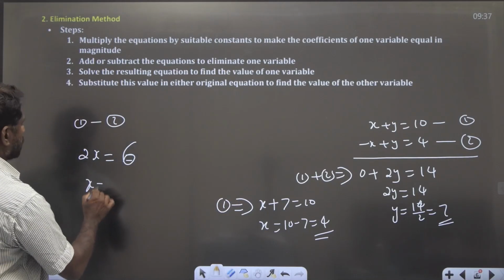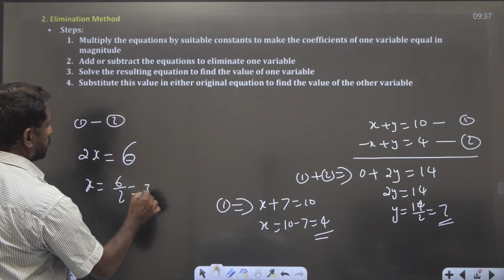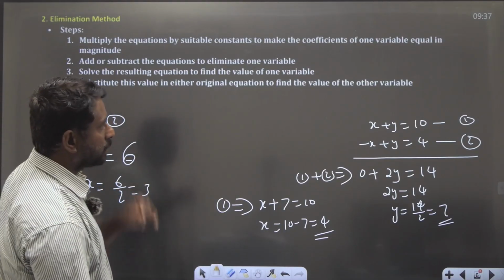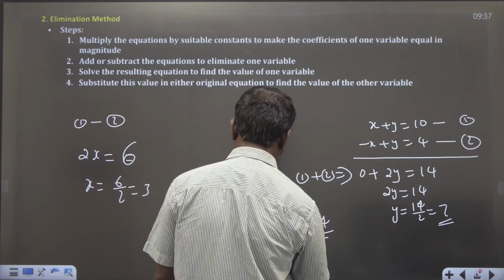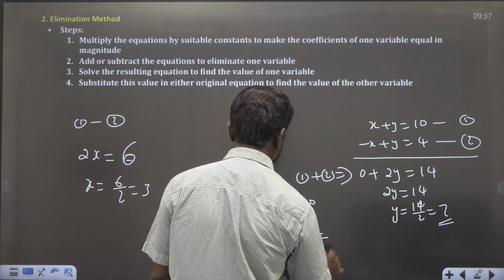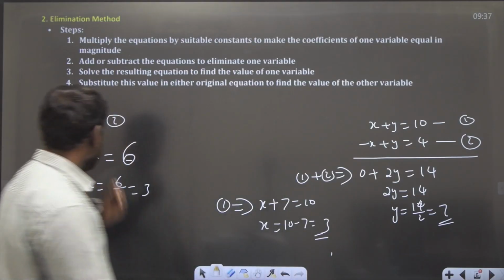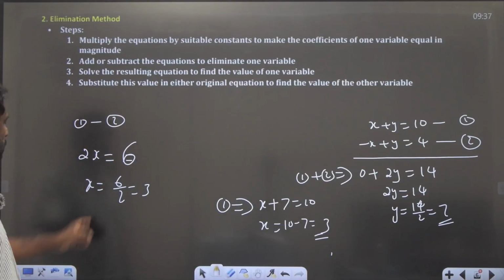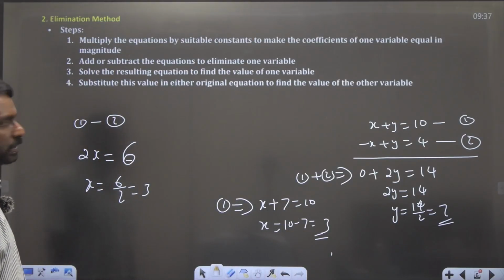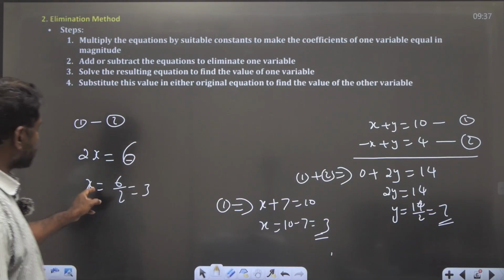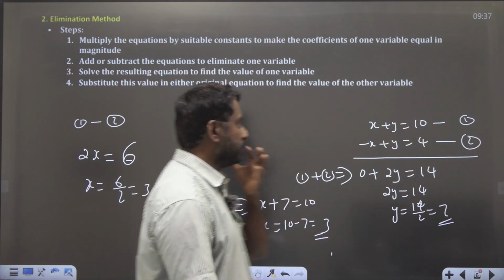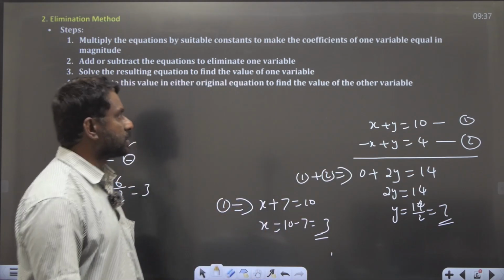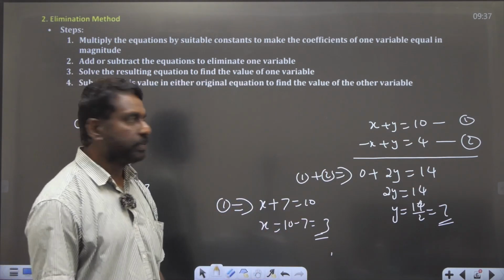So x is equal to 6 by 2, equal to 3. You substitute the value of x, 3, in either equation and you will get the corresponding y. This is called the method of elimination.